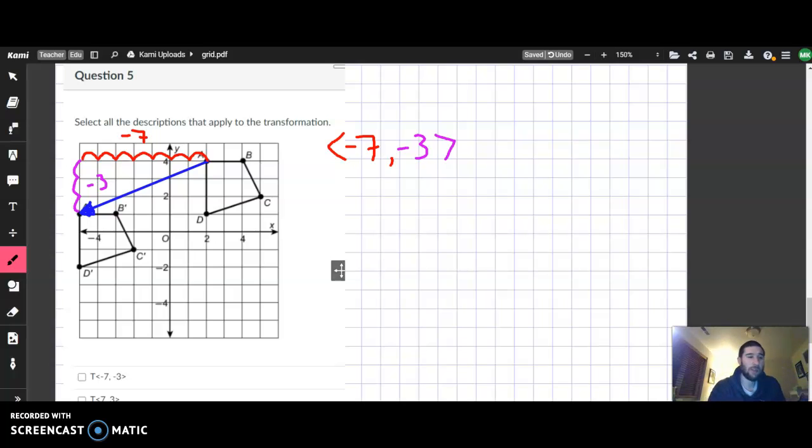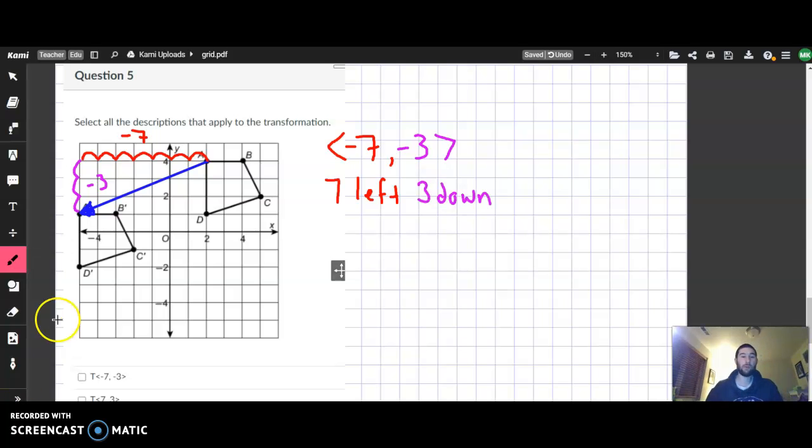That is our vector in the correct notation, right, with the pointy brackets. But what does that actually mean in English? Well, in English it means 7 down. What am I saying? Not 7 down. It's not like I haven't had enough coffee within the last 12 hours or something. 7 to the left. And then 3 down.